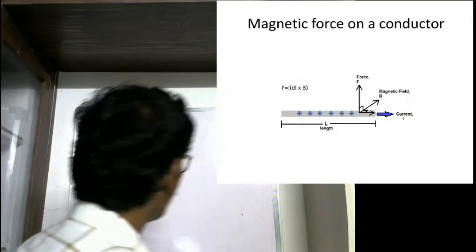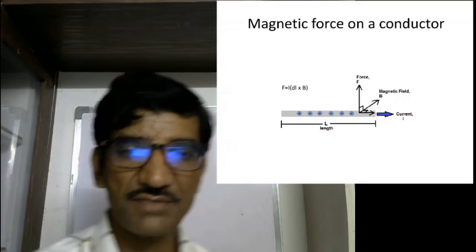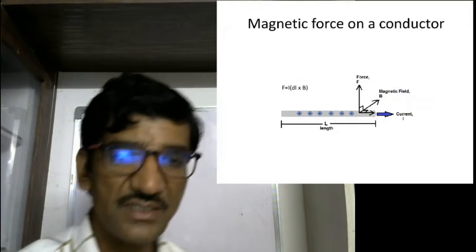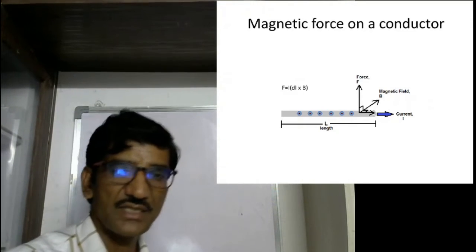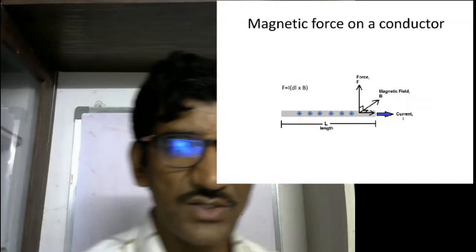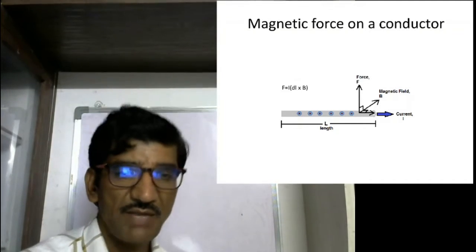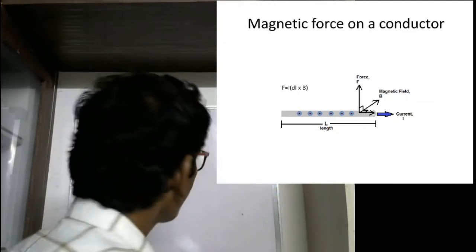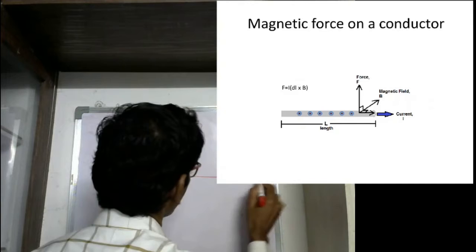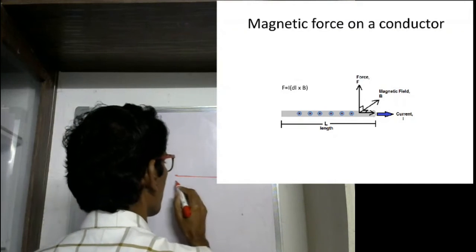That you know. Now, by using the formula for the force acting on a charge in the magnetic field, we derive the magnetic force formula for a conductor. Let us consider a conductor through which the electrons are flowing.